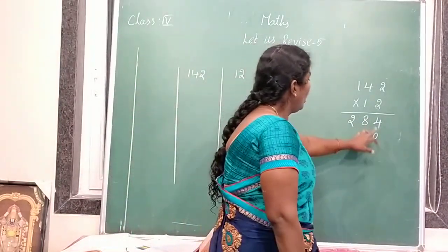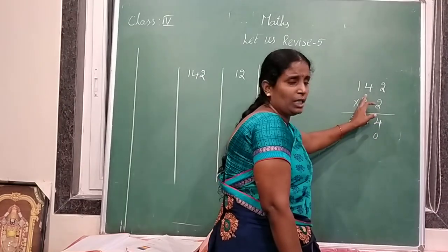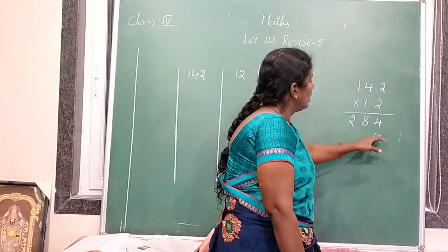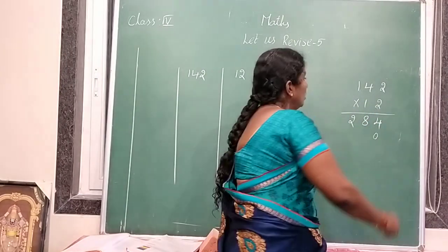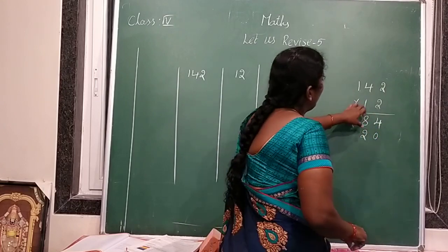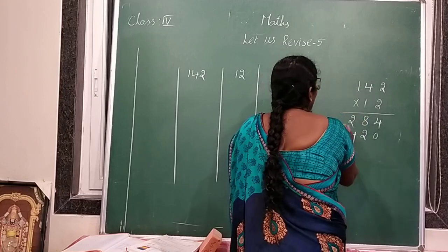So 0 under the ones place, because there is 1 in the tens place. Now 1 2 is 2, 1 4 is 4, 1 1 is 1.